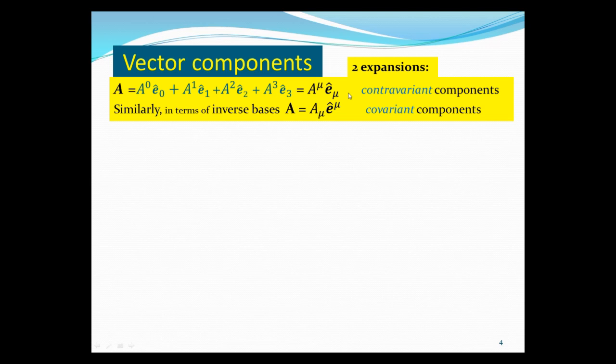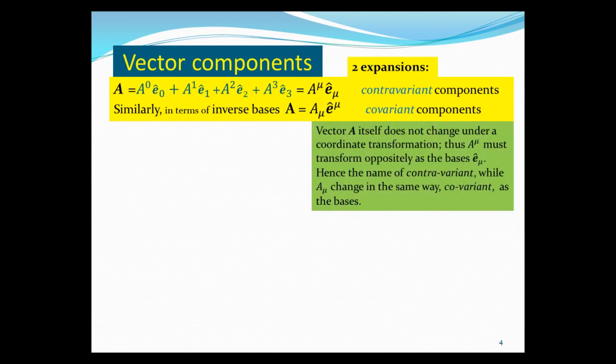Those coefficients we call contravariant components of this vector. In the same way, we can expand this vector A in terms of the inverse basis with superscript mu, and its coefficient we denote with subscript. Those coefficients are called covariant components.